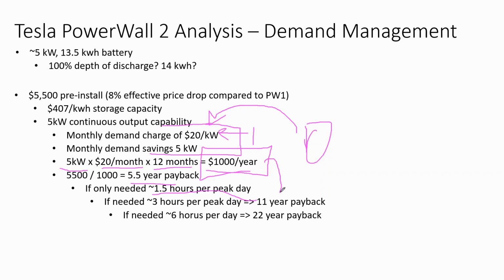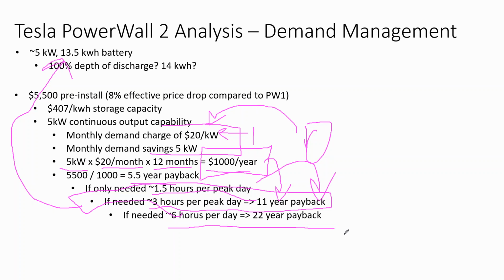But if I need to double the size because my load requires me to run the battery for 3 hours a day, and I need to double the size so that I have enough capacity, then my payback goes to 11 years. If I'm trying to do load leveling for 6 hours a day and I need 4 times the capacity, then my payback is not 5 years, it's 20 years.